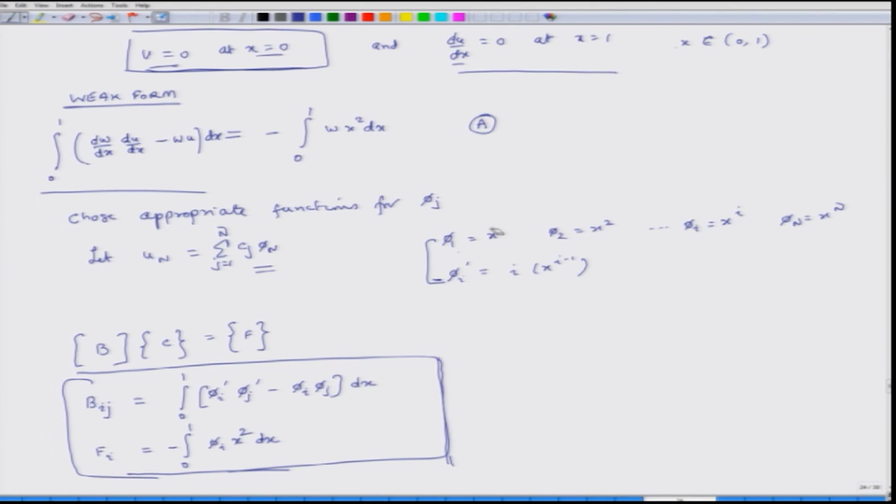It is not necessarily vanishing at x is equal to 1, same is true for my functions. Second condition was that they are linearly independent, and the third thing was that it should be a complete set. So, I have not omitted any intermediate terms, I am taking all the terms starting from the lowest possible term.